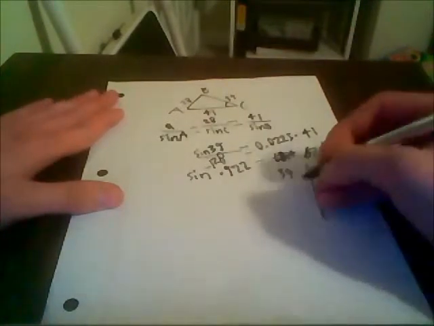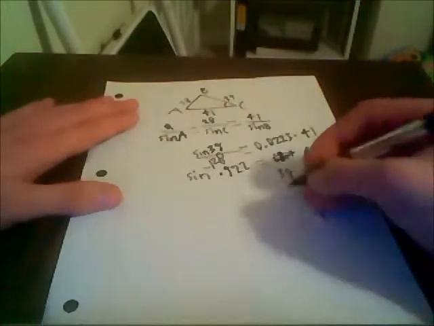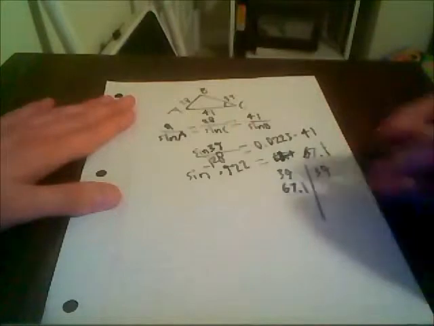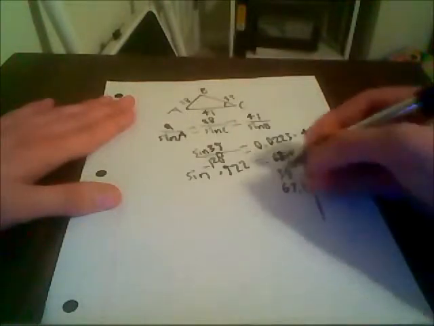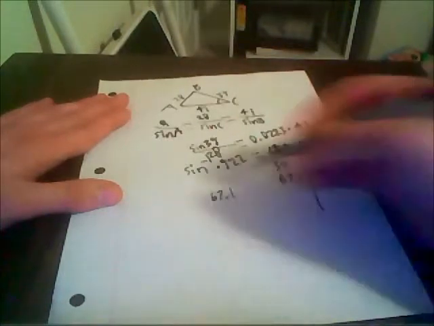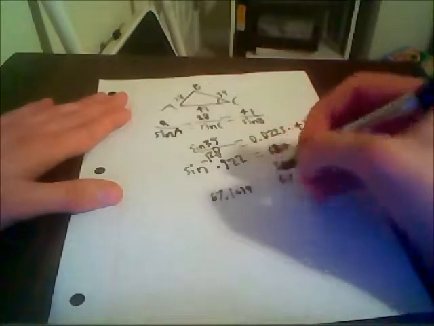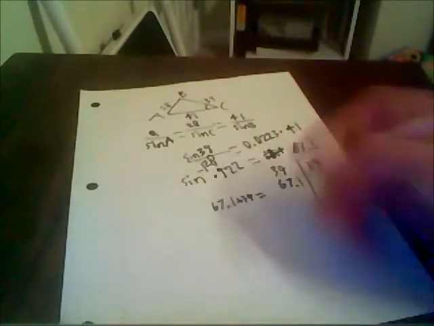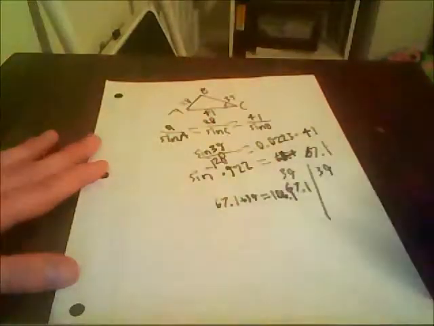Now we know that angle B is 67.1. But then you have to subtract from 180. So 67.1 plus 39 equals 106.1.